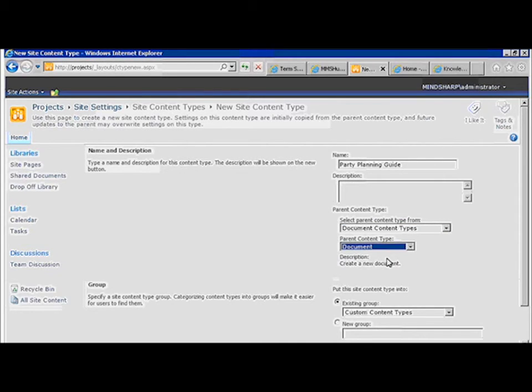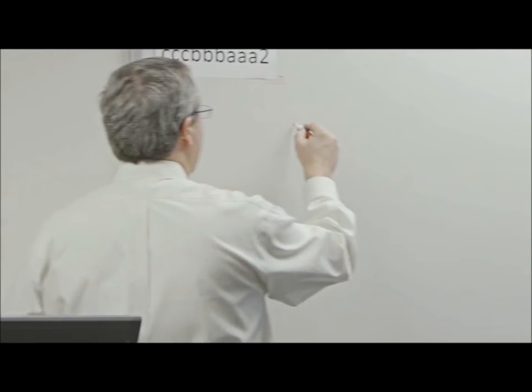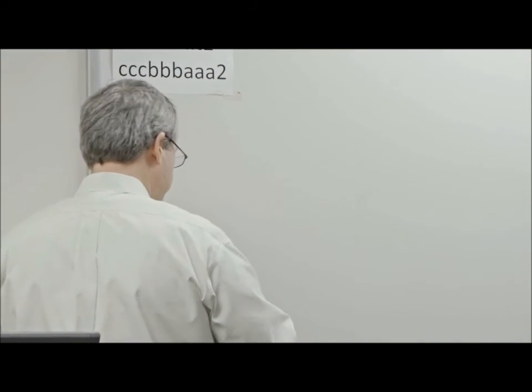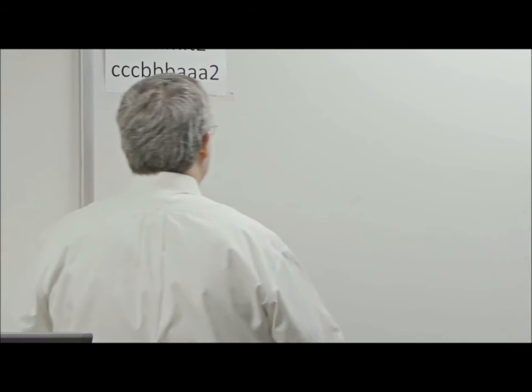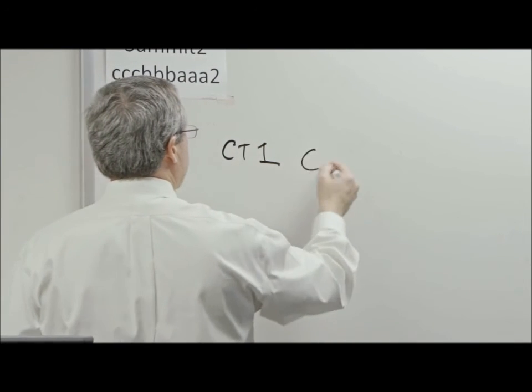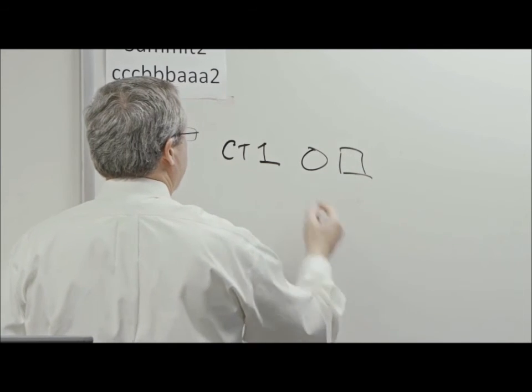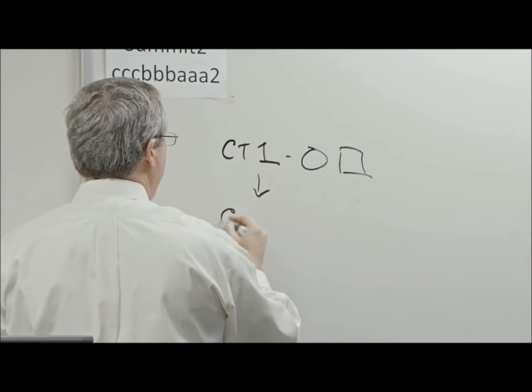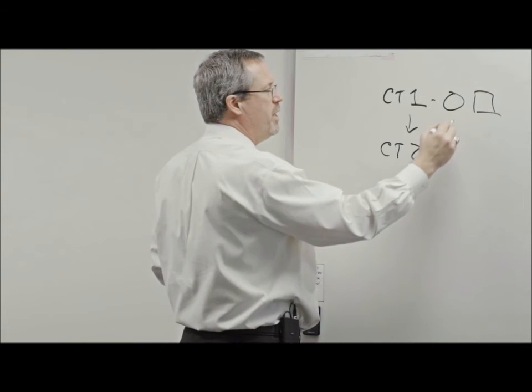Now, this betrays something that's inherent within each gallery at the site collection layer. And that is there's an inheritance model between the content types, such that you can create content type number 1 that has this metadata and that metadata, and you can inherit content type number 2.